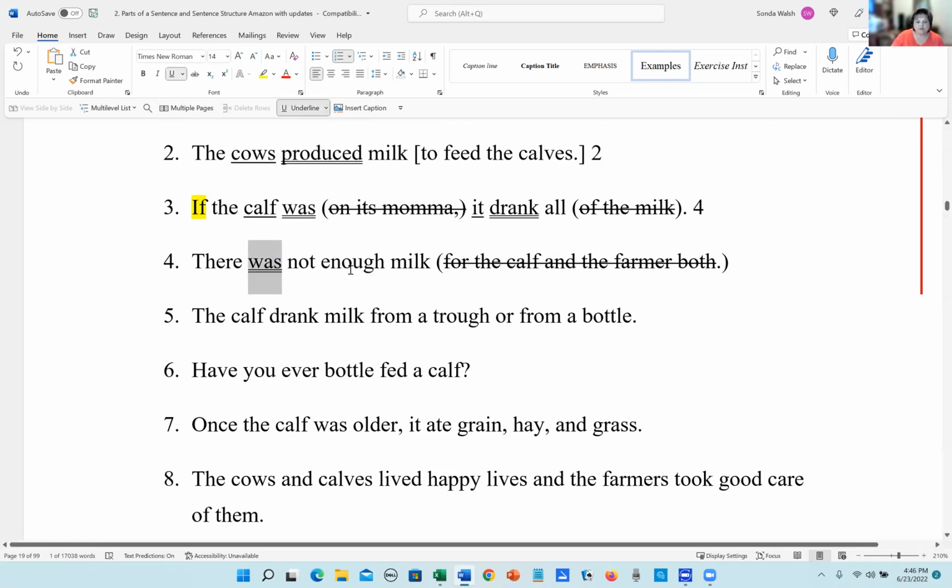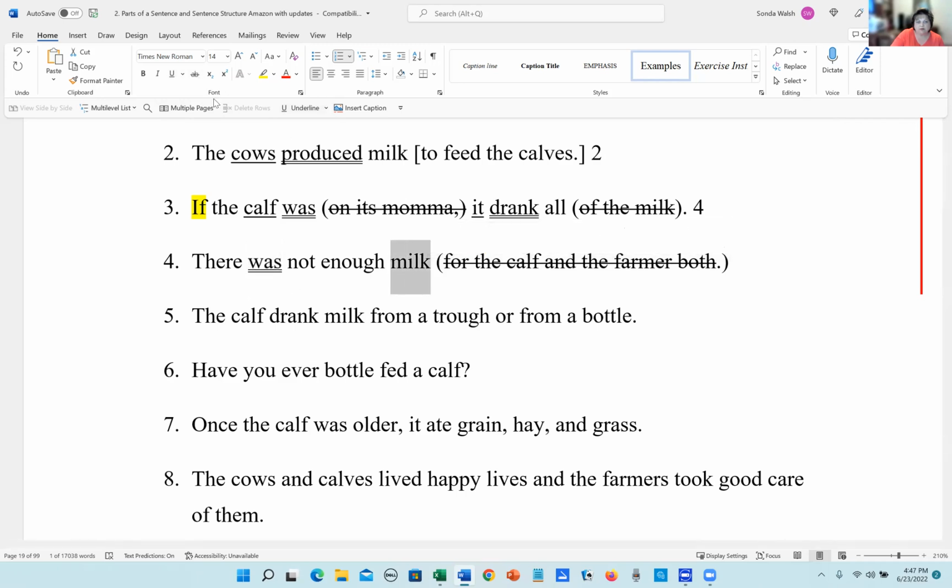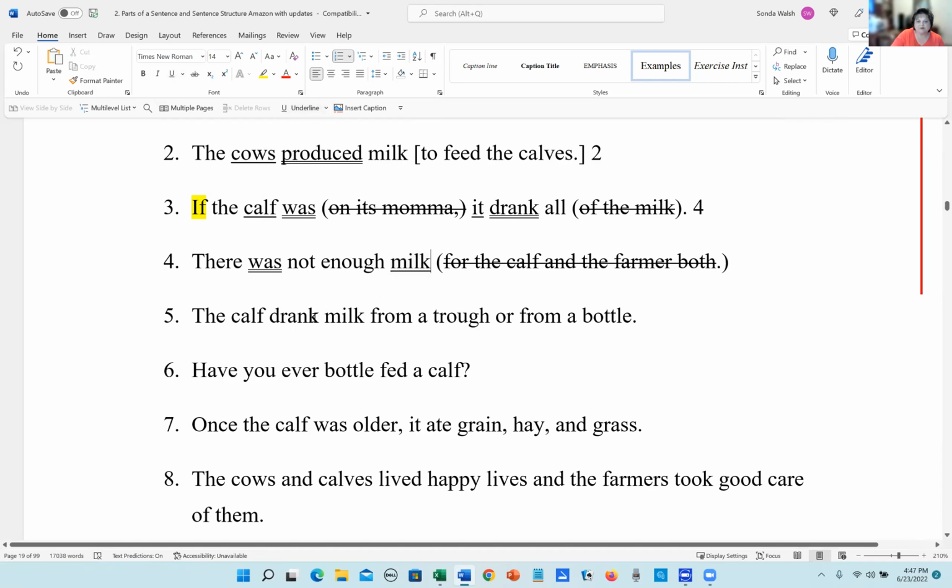So my subject is going to come to the right of my verb. So what was there? And the answer is milk. So the milk is the subject. "Not enough" describes milk. "Not" describes "enough," and "enough" describes milk. So there we have it.